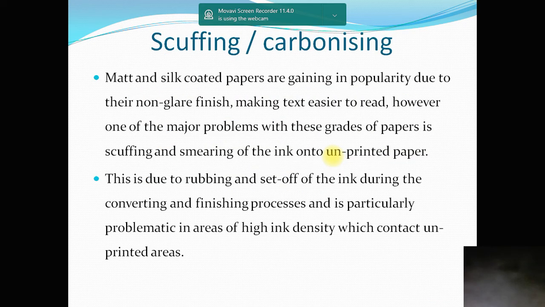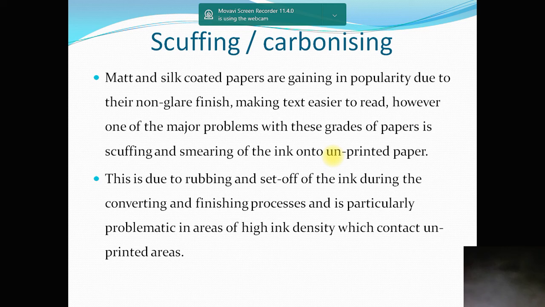Matte and silk coated papers are gaining in popularity due to their non-glare finish, making text easier to read. However, one of the major problems with these grades of papers is scuffing and smearing of the ink onto unprinted areas. We have papers in different models: matte finish paper and silk coated papers.